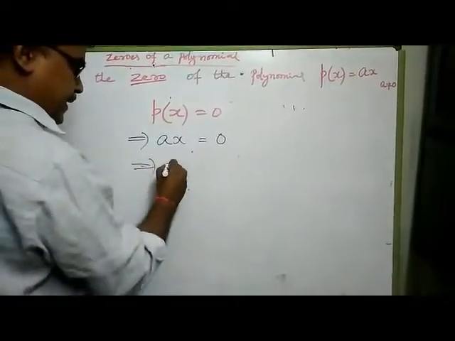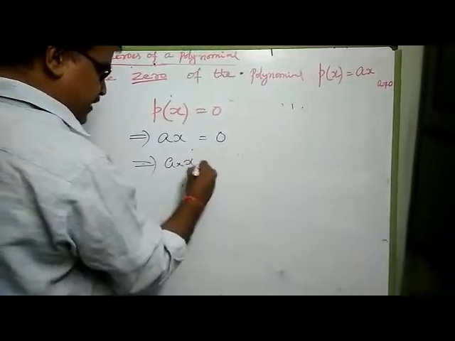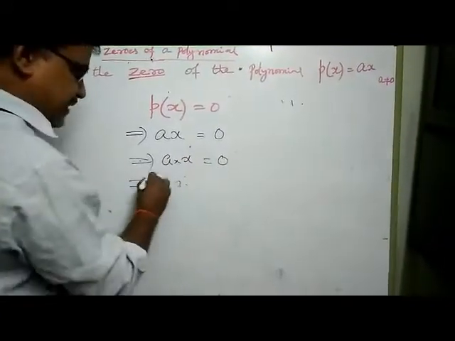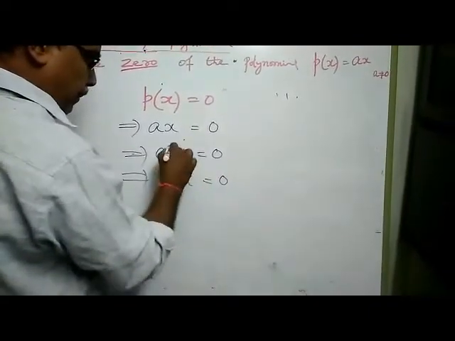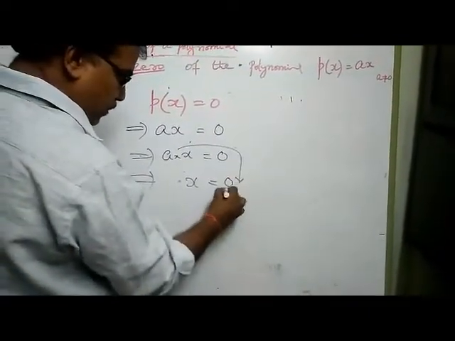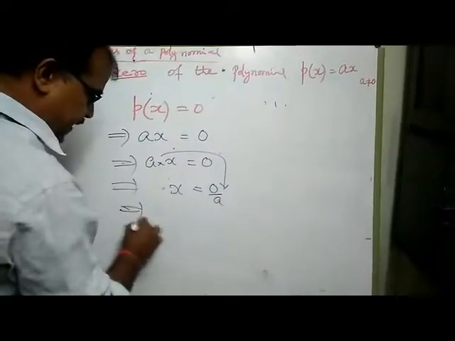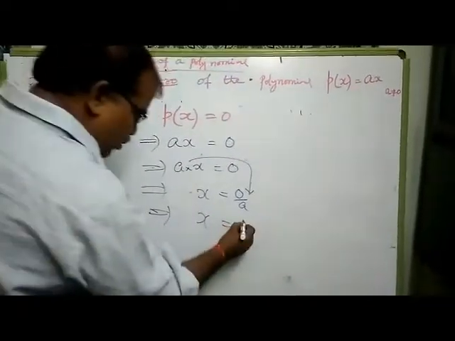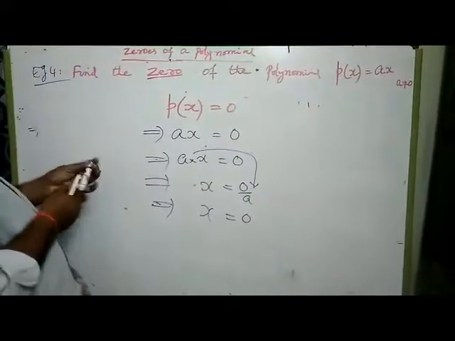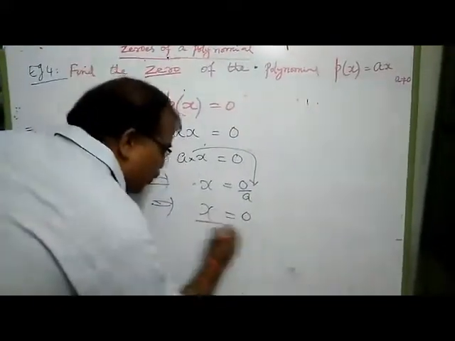That implies a into x is equal to 0. X is the variable, that's why x is equal to 0 by a. 0 by anything is equal to 0. That's why here x is equal to 0.